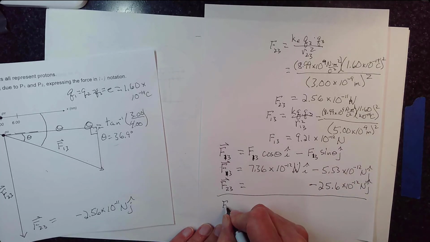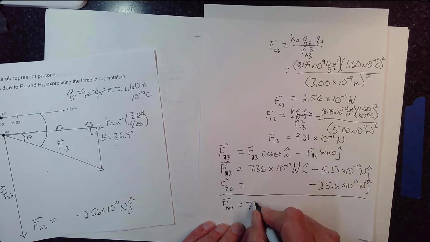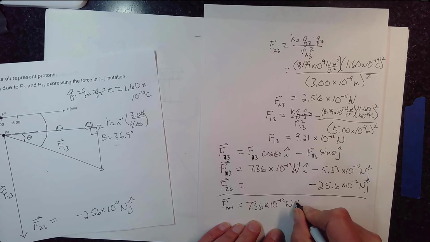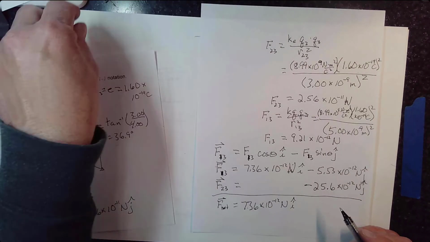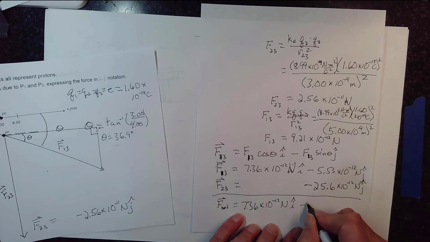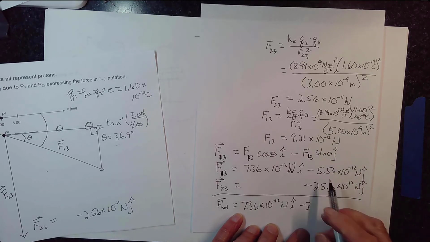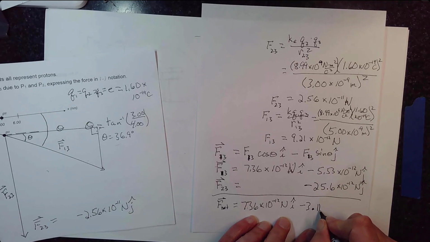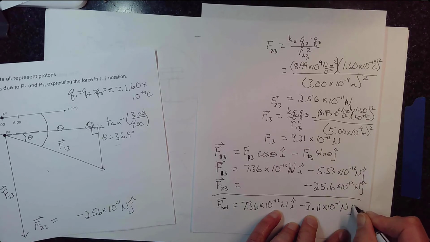F net is equal to 7.36 times 10 to the minus 12th newtons in the i hat direction, and then these two I just add together, and when I add them together, I get about 31 times 10 to the minus 12th, which is 3.11 times 10 to the minus 11th newtons in the j hat direction.